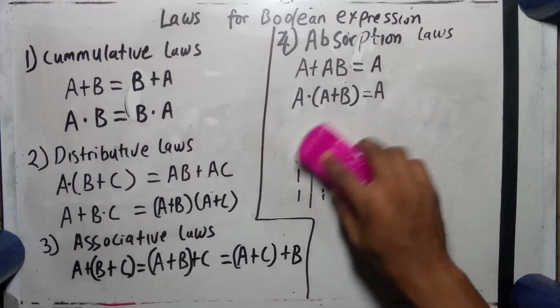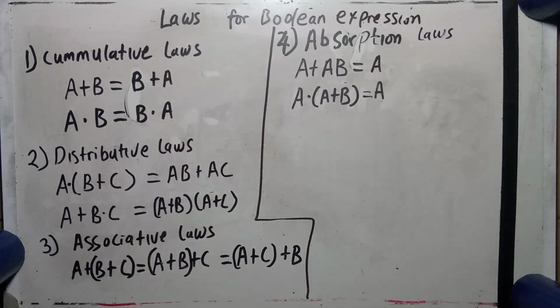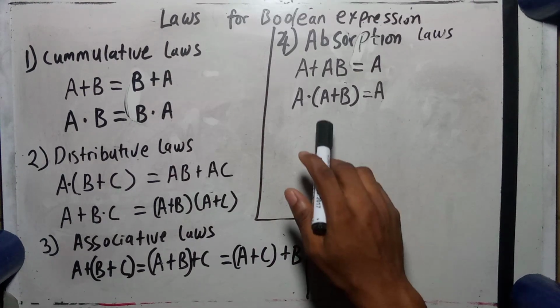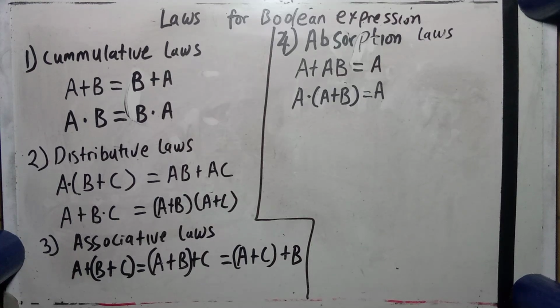So what it truly means is that when we are multiplying our A to A plus B, it can be anything. So let us say in a case where we have three terms.